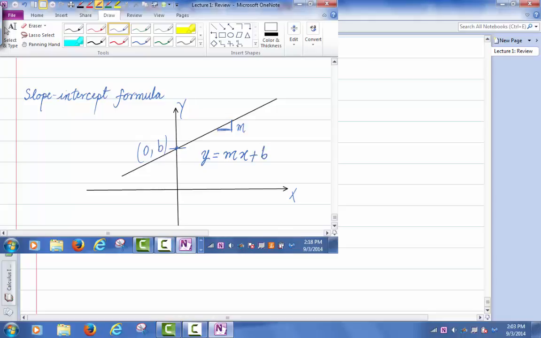Now, can someone describe to me what it means when we say that the equation of this line is this? What does it mean? Yeah, but I think you are trying to say what I want to hear.